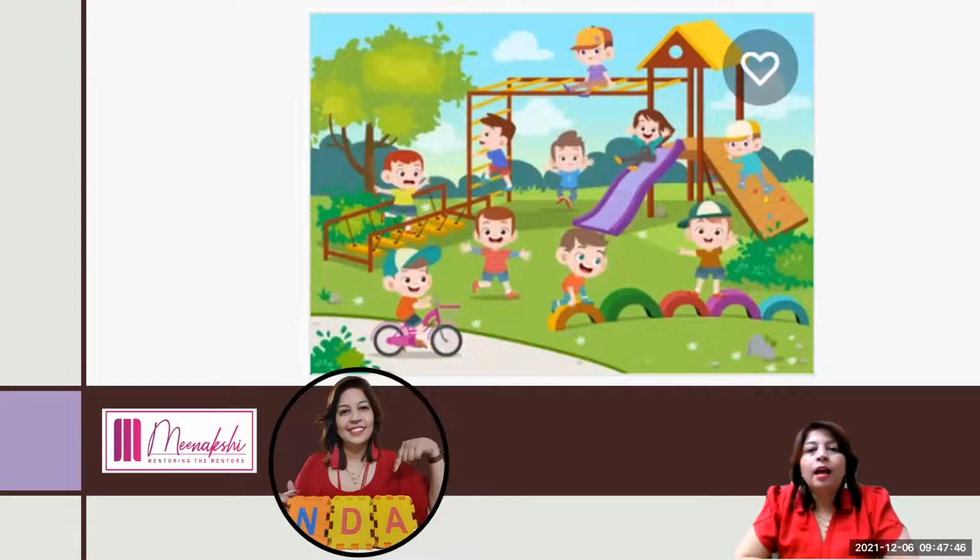Now here I have a picture for you. Okay, look at the picture. I'm showing you this picture, so you can also display any picture on the screen for your students for a minute, and then ask them to observe it very closely.